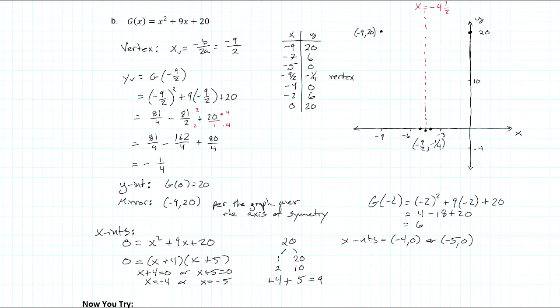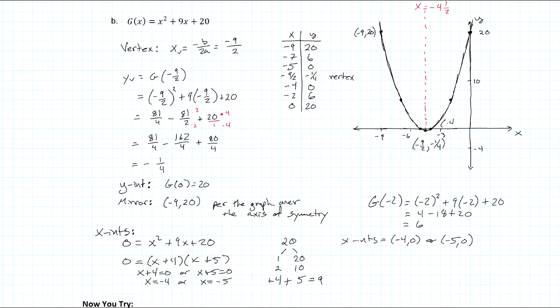We'll get negative 2, 6 is here. Negative 7, 6 is here. And that gives us a bit more information, the ability to draw a little bit nicer curve. So we'll connect our dots in a nice parabola, U shape here.